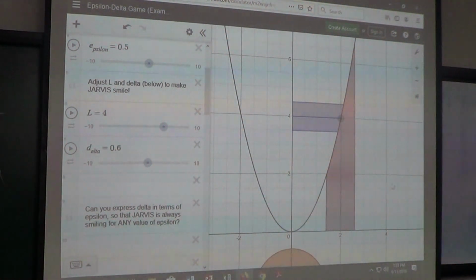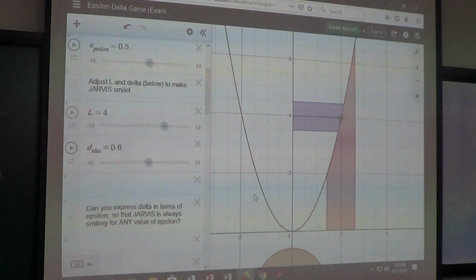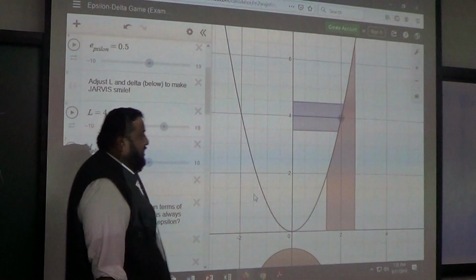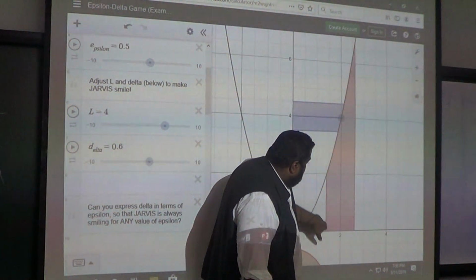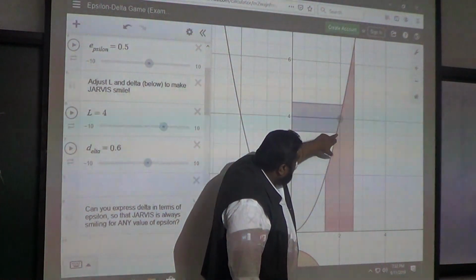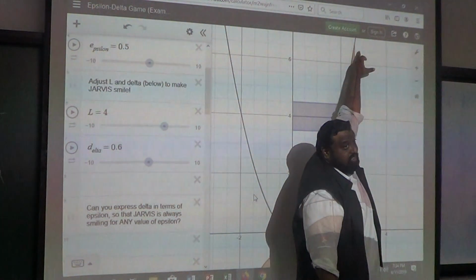So let's see if this delta works currently. The answer is no, because one output is here, which is outside this part, and the other output is here.